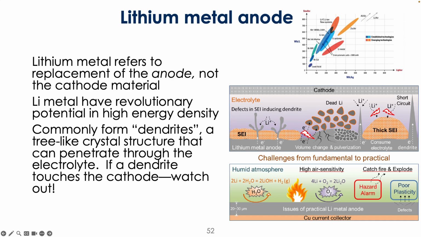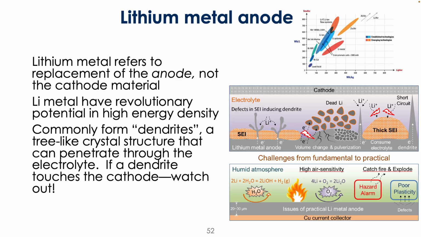Lithium metal anode. So this actually refers to the anode, not the cathode material, and they actually use lithium metal. And the energy density of these things, if we look at the old chart over here, it's much higher. And so you're talking about if I have an equivalent size of these things inside my car, I could be driving 1,000 miles on a charge or 2,000 miles on a charge as opposed to 300 miles, right?